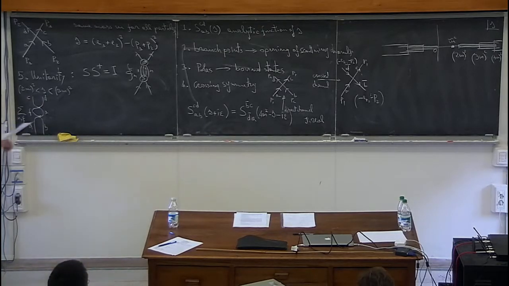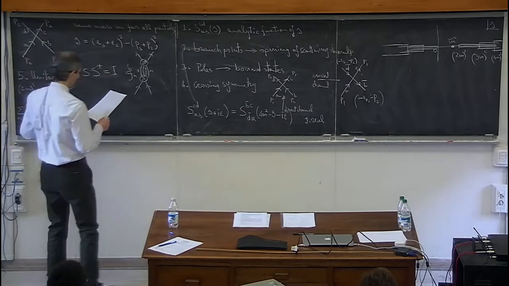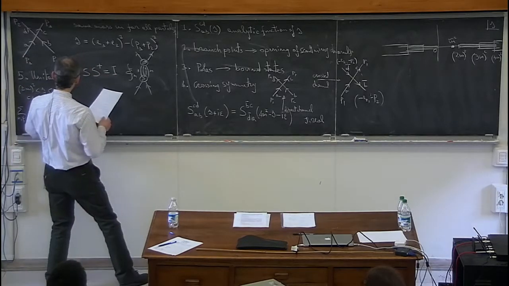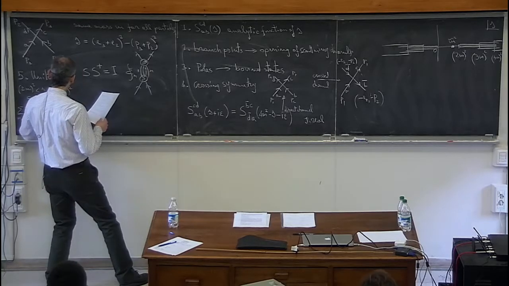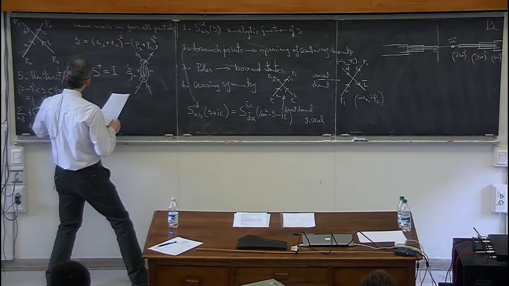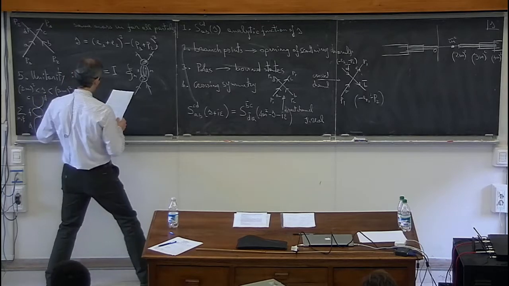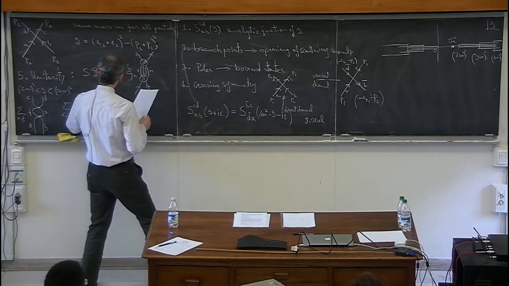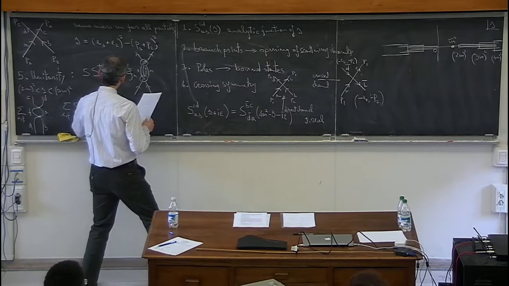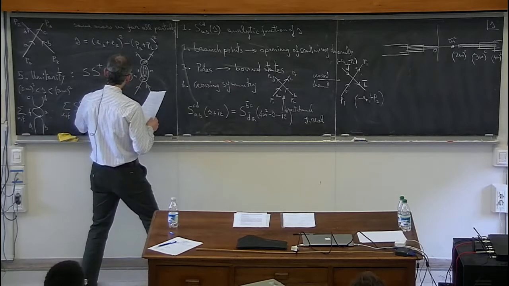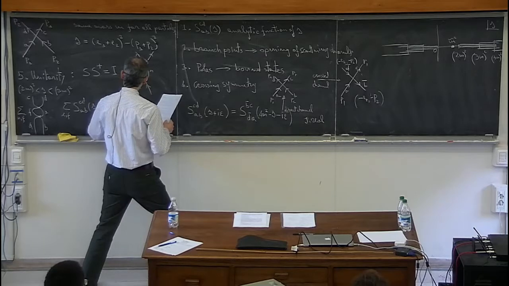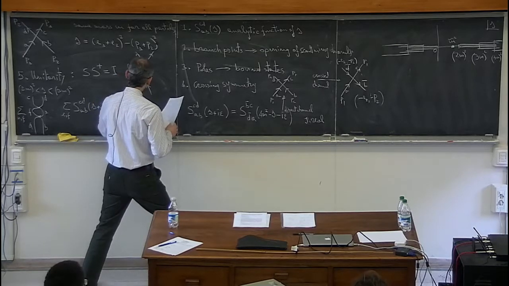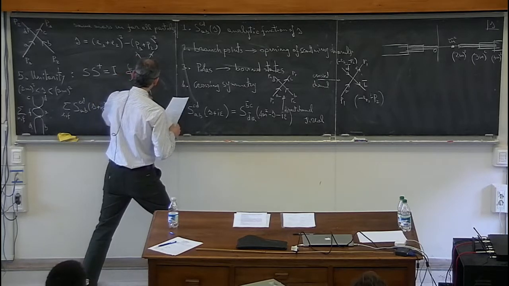For this case, this equation of unitarity can be written as follows: sum over E and F of S_{AB}^{EF}(s + iε) times S_{EF}^{CD}(s + iε) star.